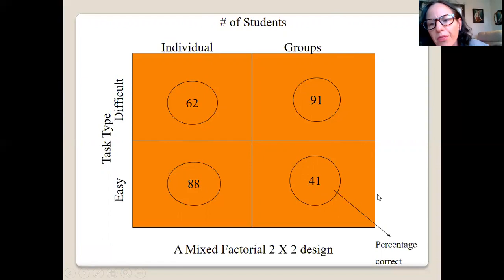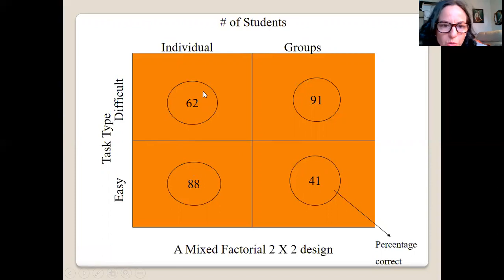So you might think in terms of how many people are in this experiment. So let's say that there are 25 people in each one of the groups of this experiment. So you can imagine we had 50 people total in the experiment. We have 25 here who are working on difficult tasks and 25 who are working on easy tasks.